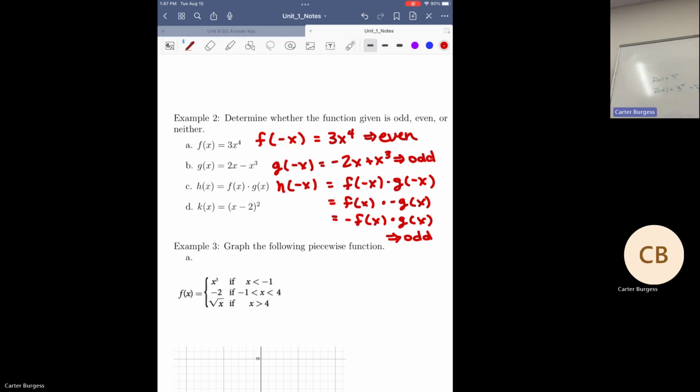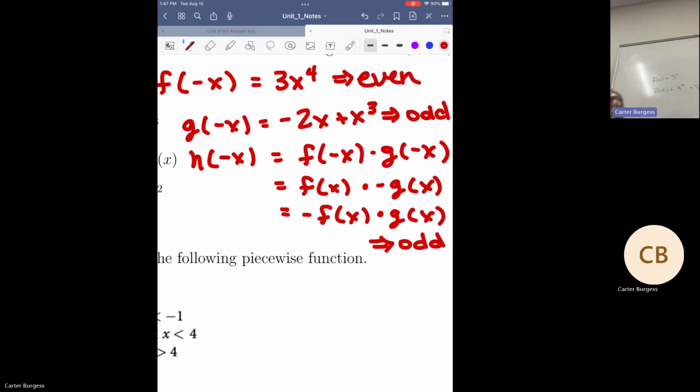But this is actually a really powerful result. We kept things very, very generic. This could have been any even function and any odd function. So what kind of conclusion can we draw? Well, if you multiply an even function and an odd function together, you will always get an odd function. It's kind of like multiplying a positive and a negative number.